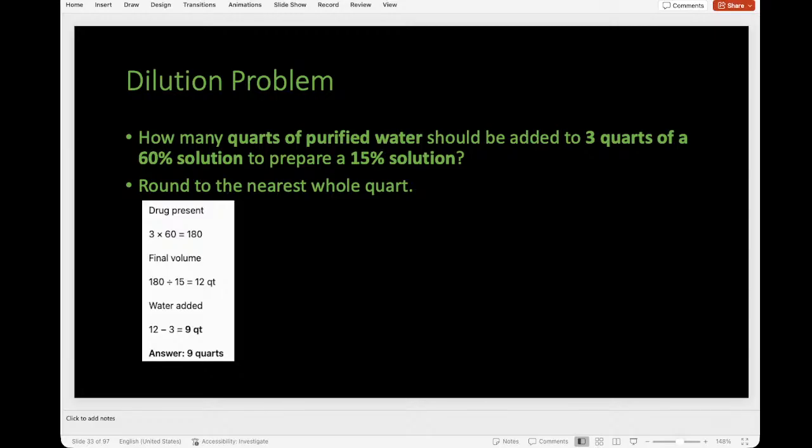And then you would subtract, because to take into account it says added to, so you're trying to figure out the difference there. So you subtract this amount from this amount, and then you would get the 9 quarts.